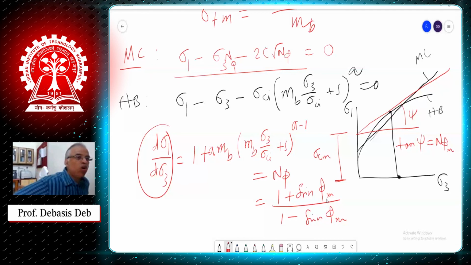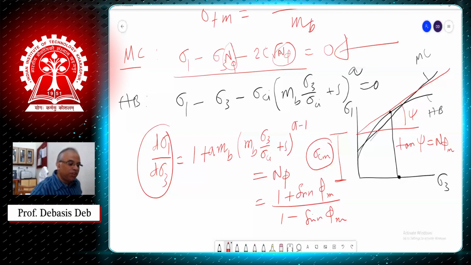Now once you know this N phi, I am sure you will be able to calculate this, because the slope is now known. You already know that it will follow this equation. So this is known now. Now what do you have to calculate?